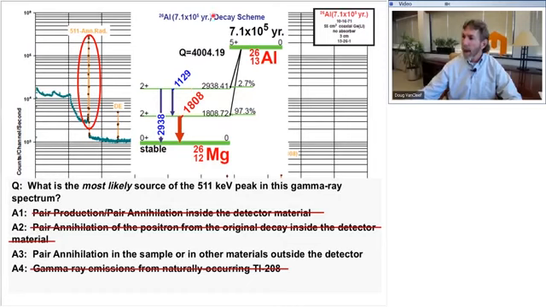We have the positron emission, which is always going to result in pair annihilation inside the sample material because the positron isn't going to move very far. Or we have pair production, pair annihilation, which could be produced by these high energy gamma rays. And if that happens outside of the detector, we can get a 511. Okay? Let's move on.